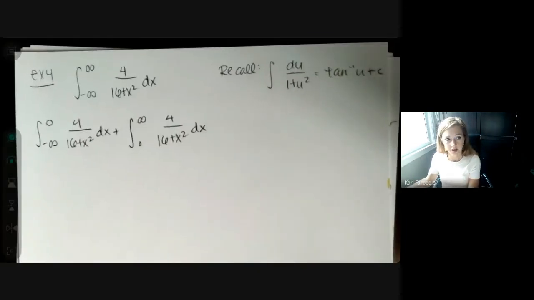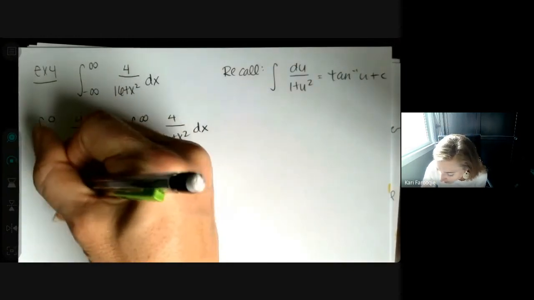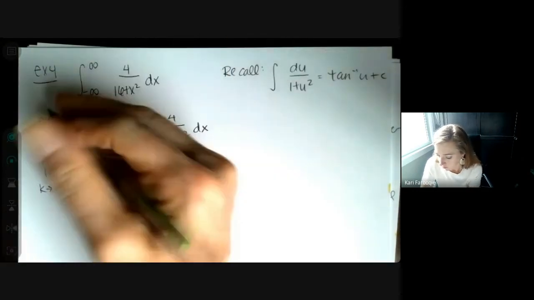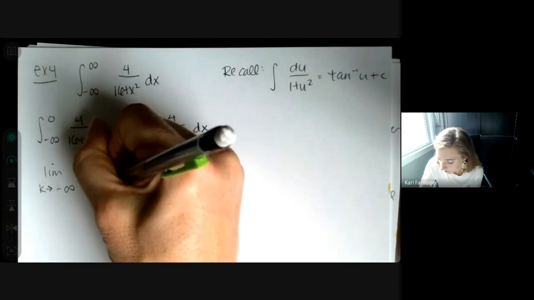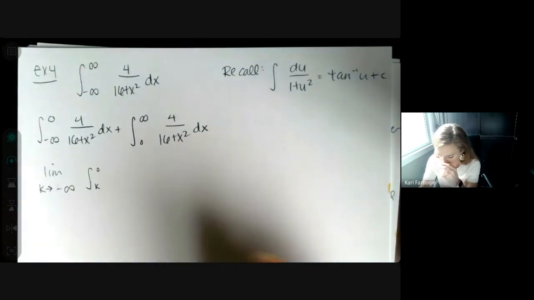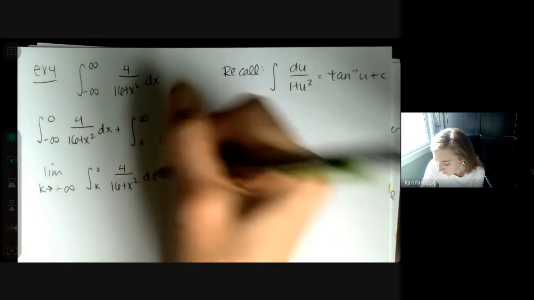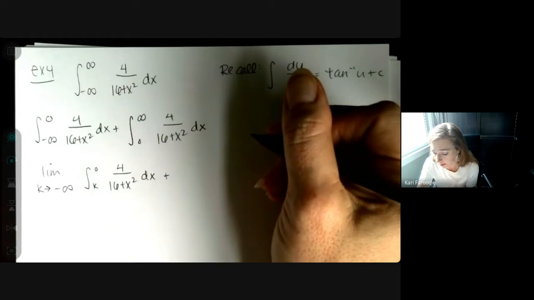And then pick it back up again. All right, so what this means is I'm going to take the limit as k approaches, in this case, negative infinity. And then I'm going to go from k to 0 of 4 over 16 plus x squared dx. And then I'm going to need a different variable for my next integral.